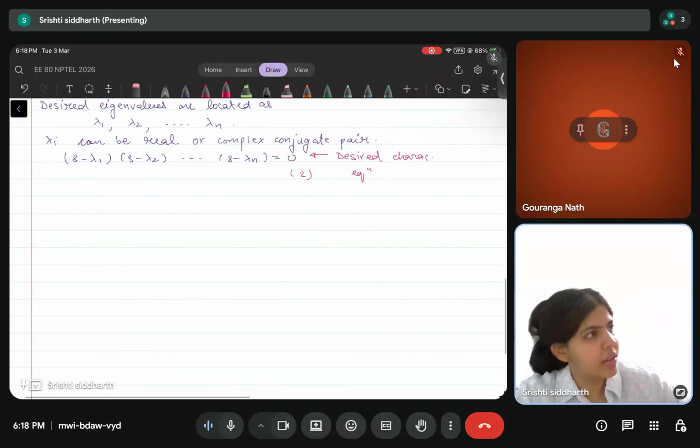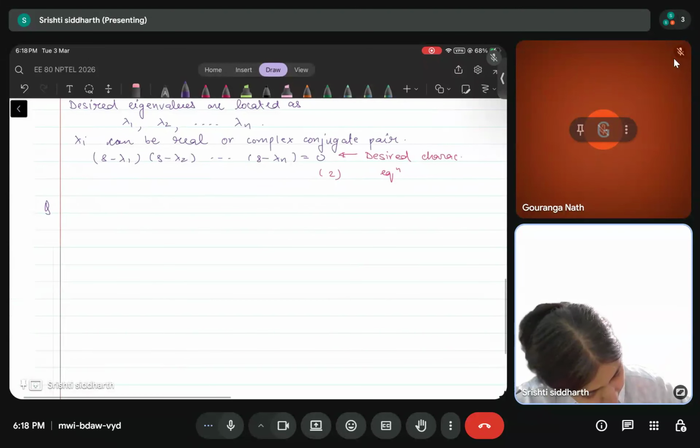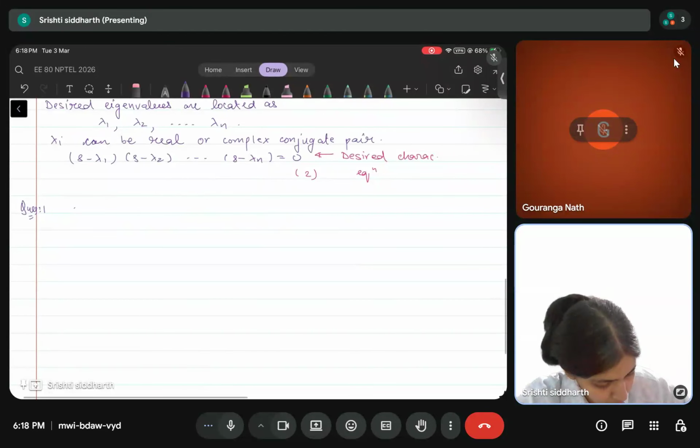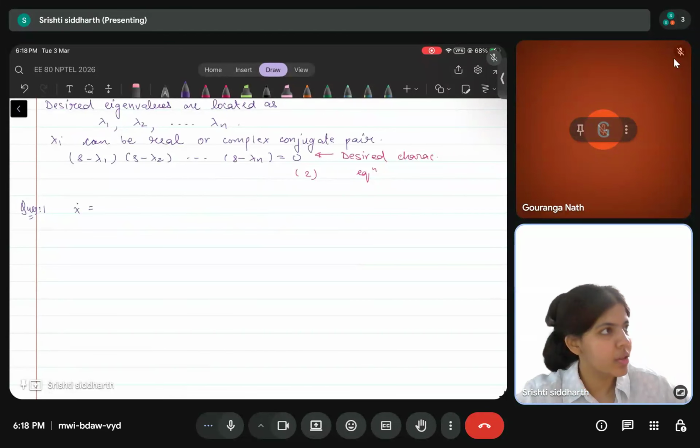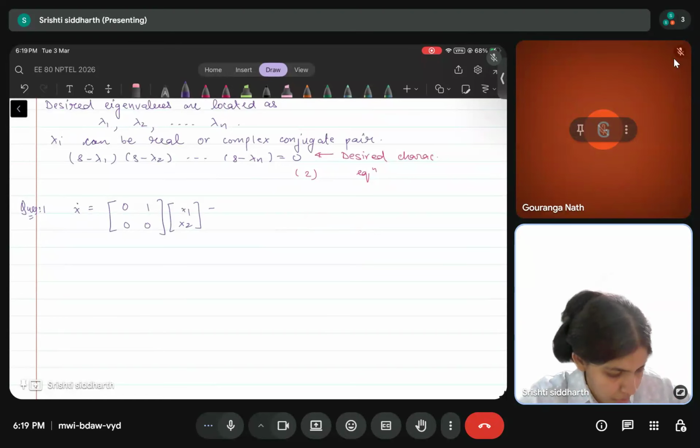Okay, so let's look at a second order system. x dot equals [0 1; 0 0] x plus [0; 1] u.